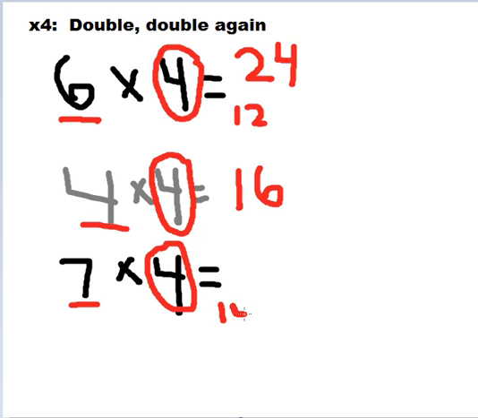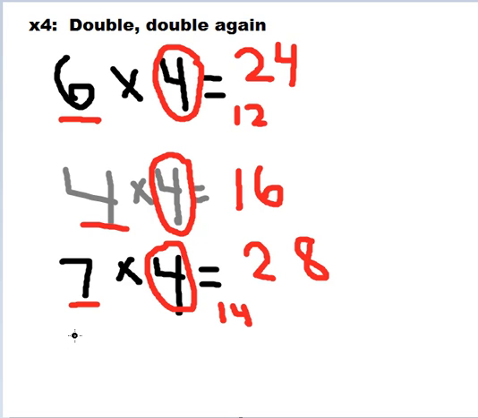If you need to, you can write it down. And now you're going to double 14. 14 plus 14 is, go ahead and write it down or say it out loud. And you should have said 28. Doubling the 1, you get 2, and doubling the 4, you get 8.